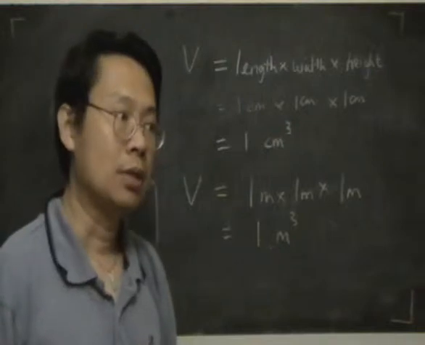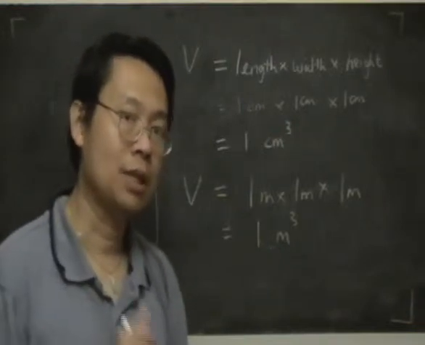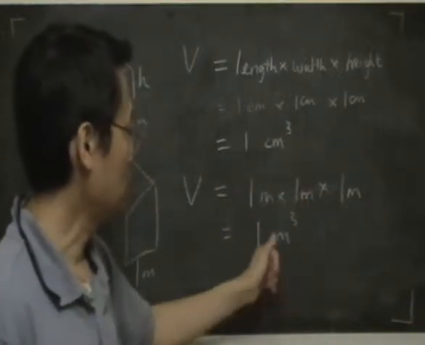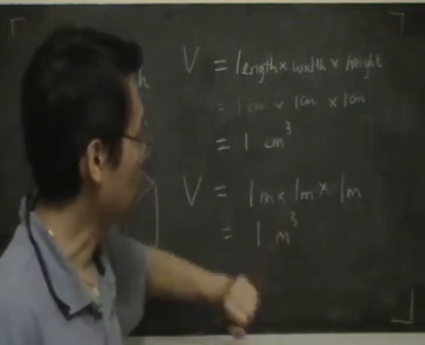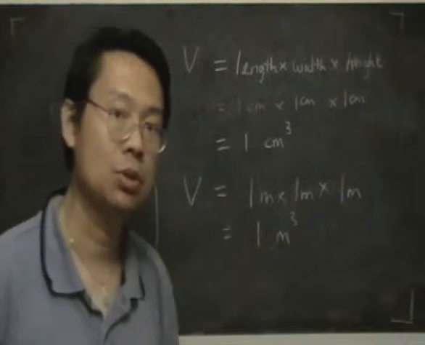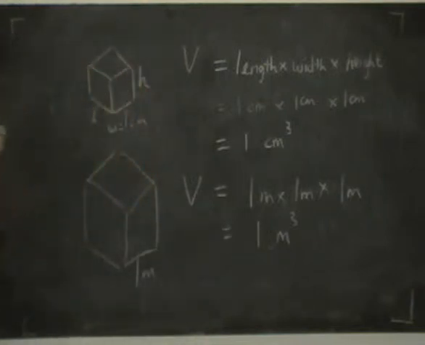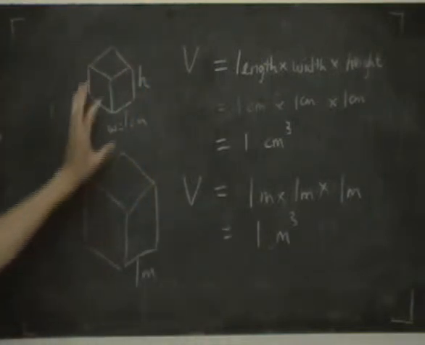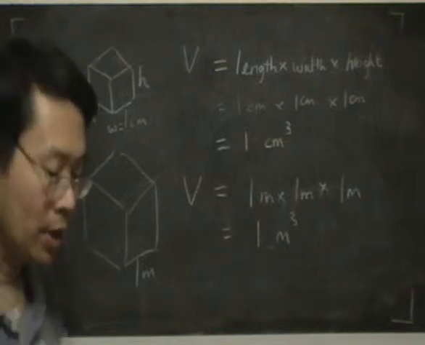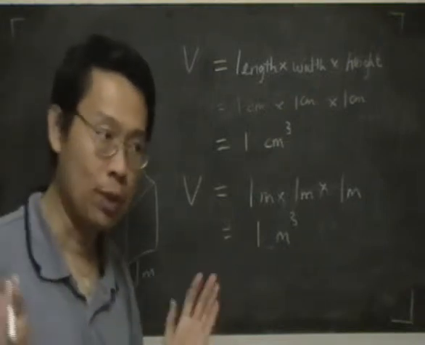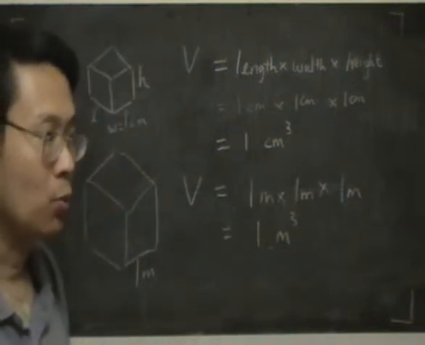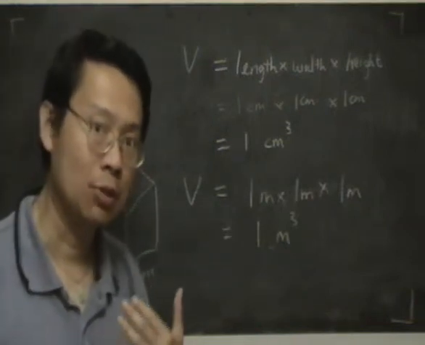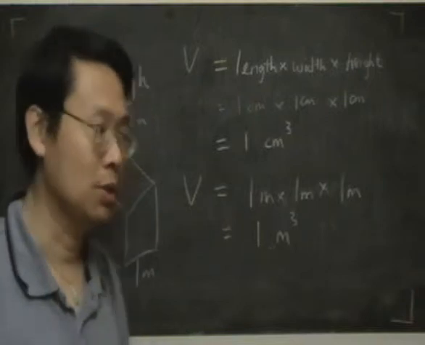Okay, so you can start with centimeter and you get centimeter cubed, or you start with meter and you get meter cubed. Now let's look at the relation between these two. Now you remember when we talk about length, we must learn how to convert between units.